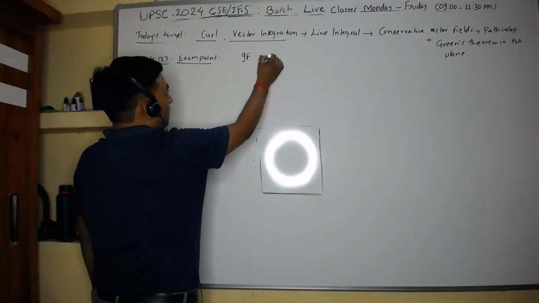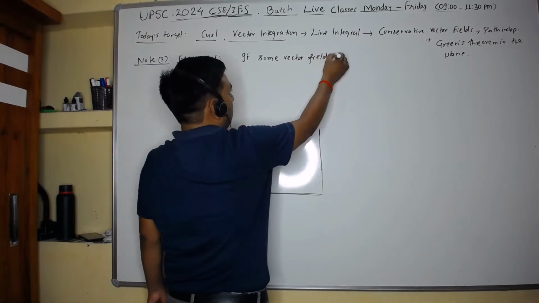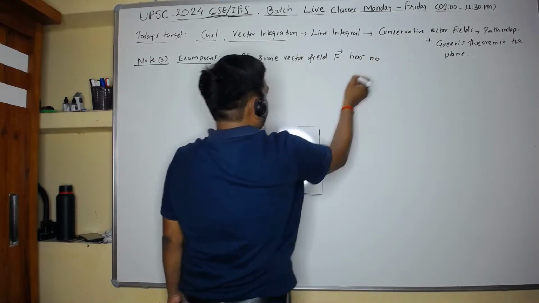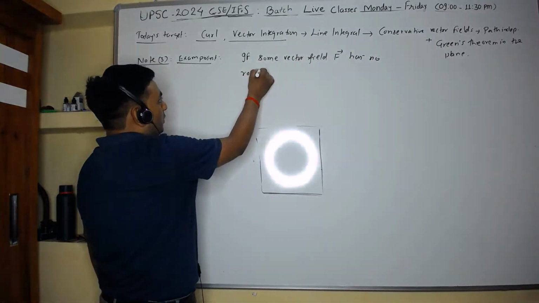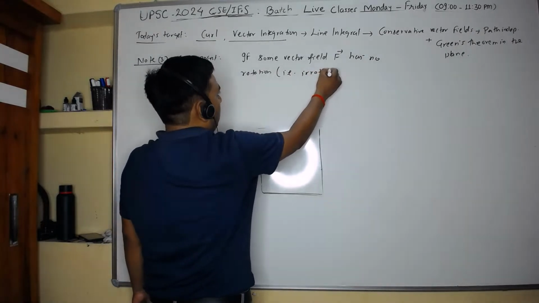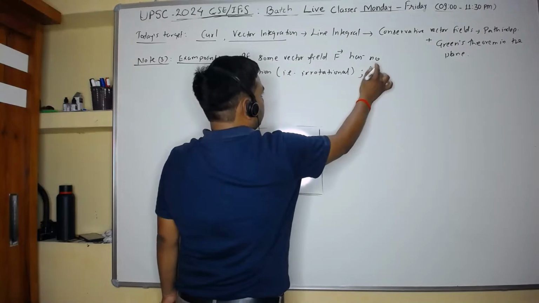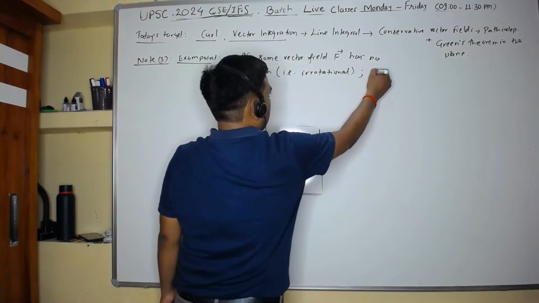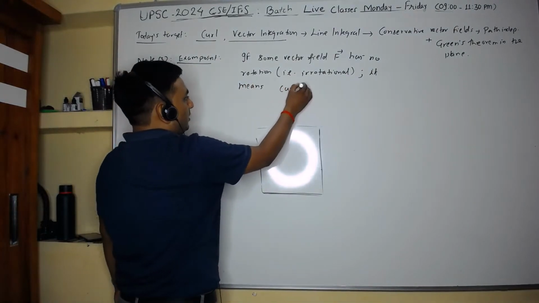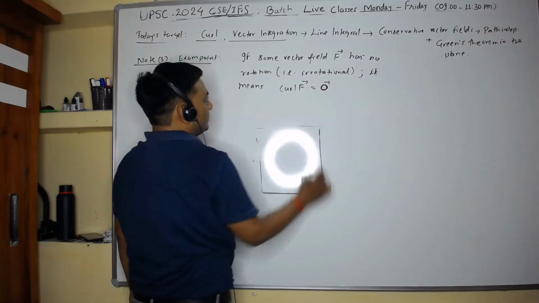If some vector field capital F vector has no rotation, that is irrotational, it means curl of F vector is 0.